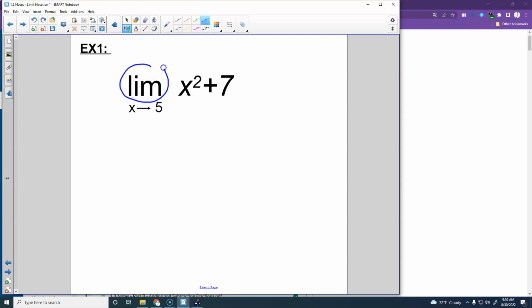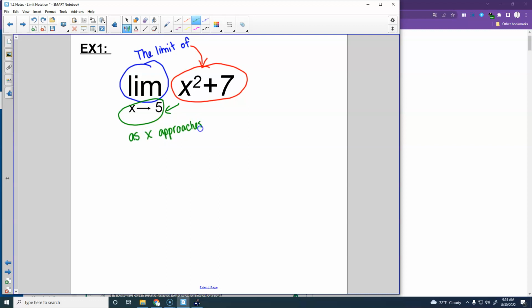So we always start off that lim just tells us the limit of. And then you're taking the limit of something, so it's of whatever is over here. So the limit of x squared plus 7 as this part, x approaches 5.